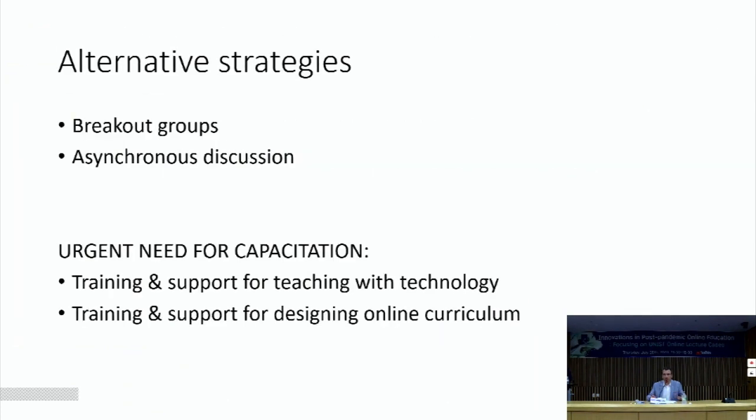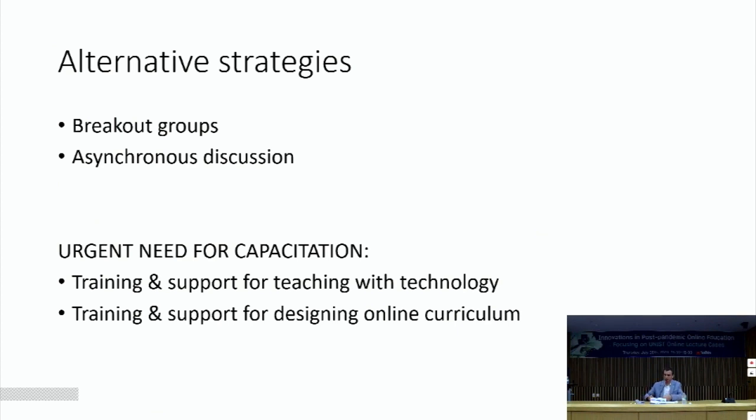Some of the strategies I'm considering are breakout groups, which you can do with Zoom, where each student is assigned to a smaller group. They have a discussion, and then they come back to the larger group and present it.